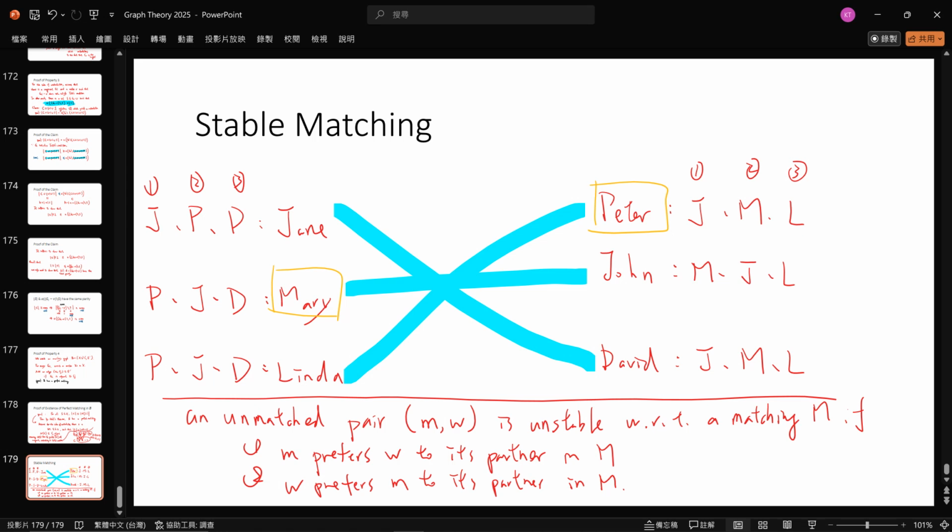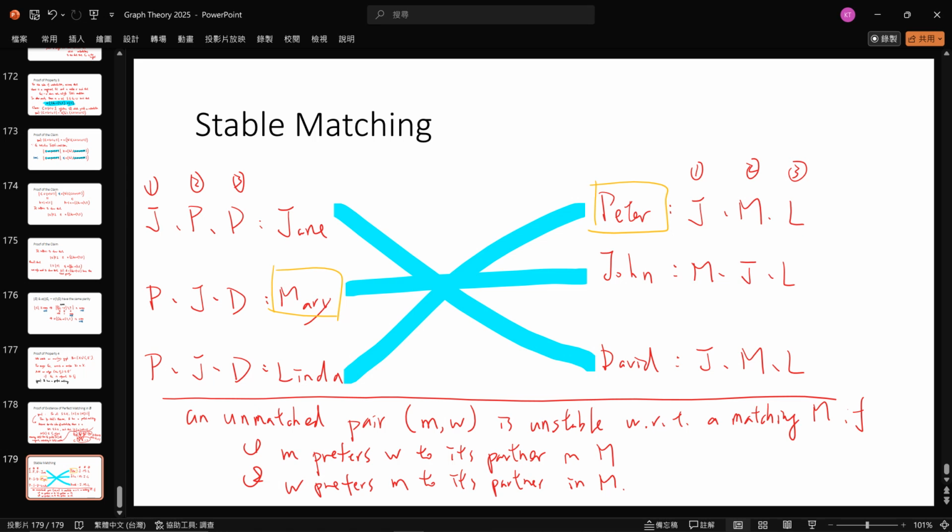Basically, you have to find an unmatched pair. And before you start to discuss unstable pairs, you have to first have a matching. So first you have a matching, and then you find an unmatched pair, and see whether for this unmatched pair they prefer each other to their partner in the matching. So this is the definition for unstable pair.